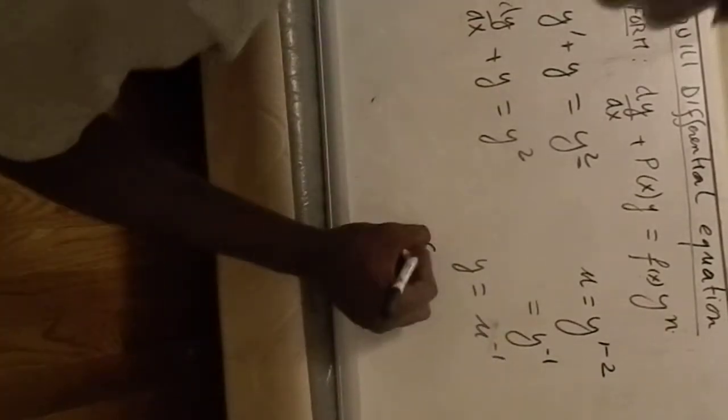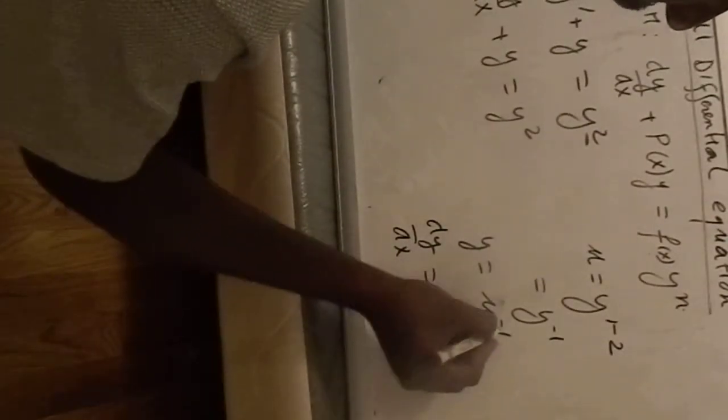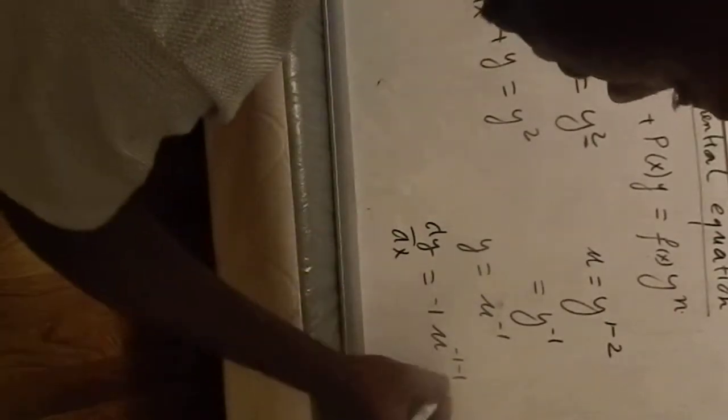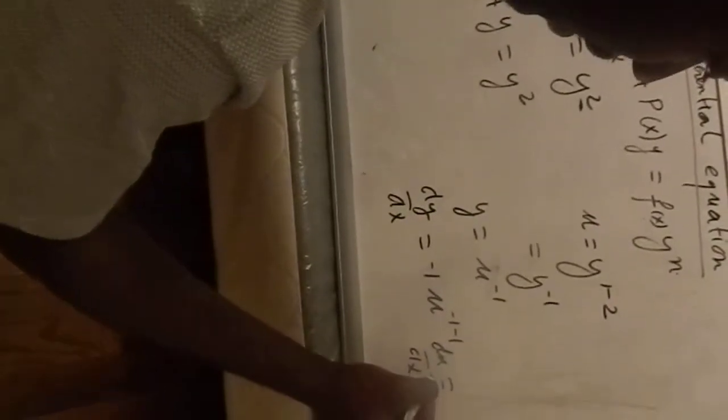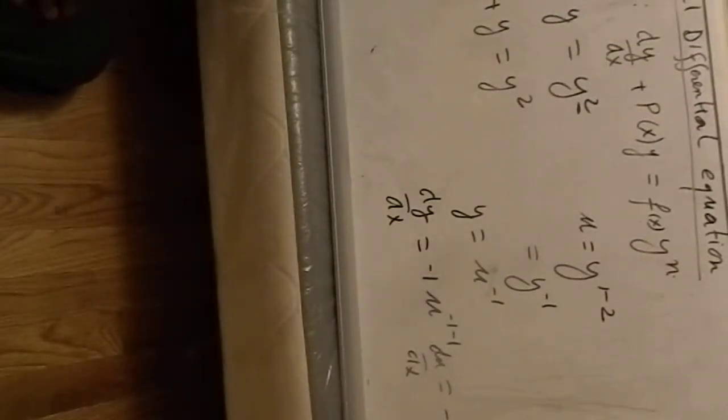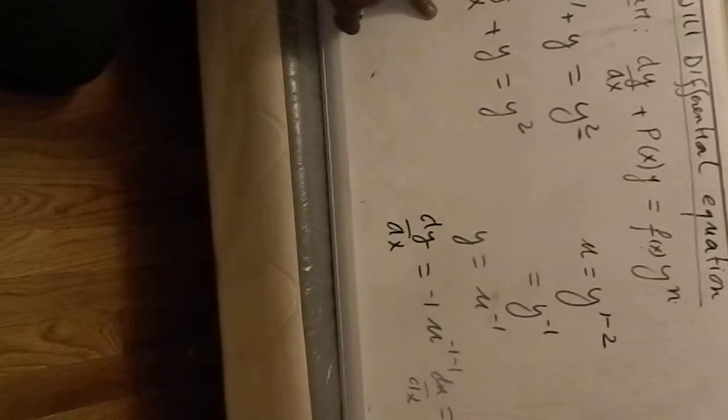Now, when you want dy over dx, you derive this one first, it's going to be negative 1 times u to the negative 1 minus 1, times du/dx, which gives something like negative u to the negative 2 du/dx. Therefore, I can replace that into my equation.